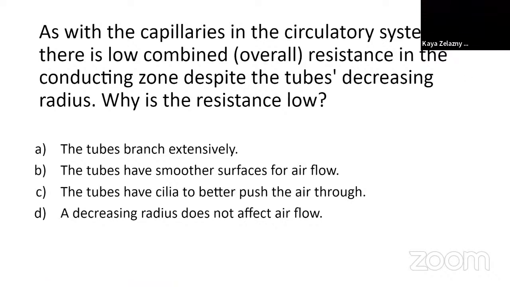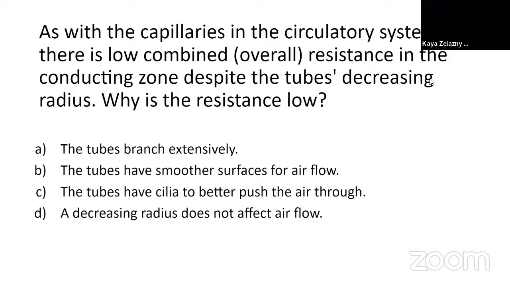So given we've already talked about resistance in the circulatory system and the cardiovascular system, we can probably predict why we would think of the conducting zone as having low resistance.